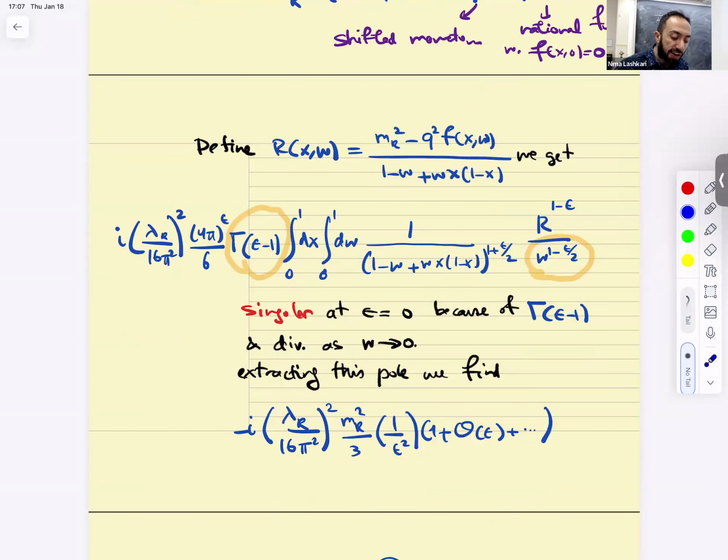Keeping track of this and extracting the pole, you end up with an expression of this type: minus i lambda r squared over lambda r over 16 pi squared, m r squared over 3, 1 over epsilon squared. So this is the 1 over epsilon squared term.